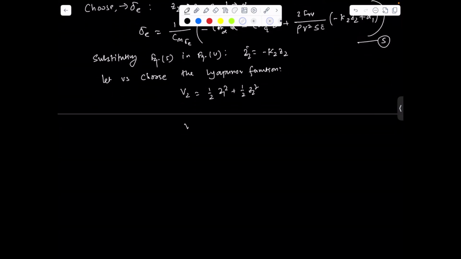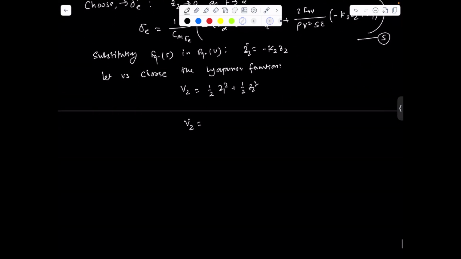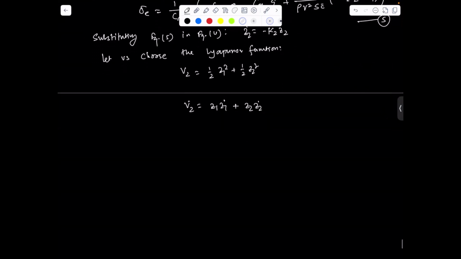And we can take the time derivative V2 dot. You have to show V2 dot should be negative definite or negative semi-definite. You can write G1 G1 dot plus G2 G2 dot. And in place of G1 dot, we can write minus K1 G1 plus G2.